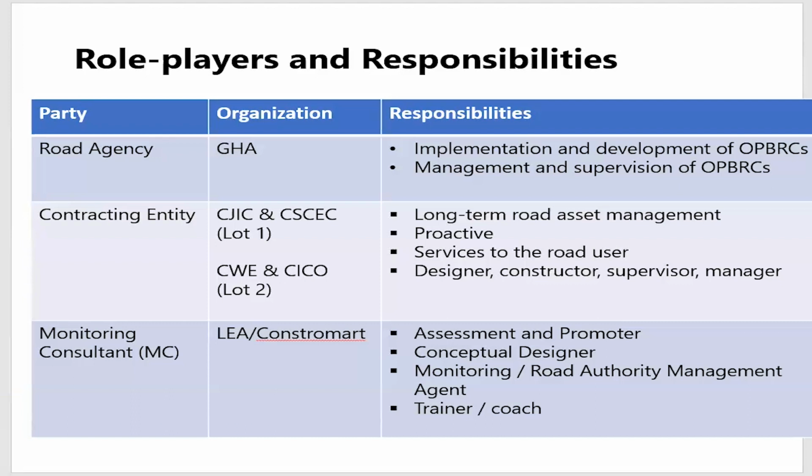He is the supervisor of the road, and also he has quality control, an independent consultant, as part of his setup. So it's not the normal contractor where we give you design, we give you instructions, and you go and do. No, now all these entities come together to form the contracting entity: designer, constructor, supervisor, and road asset management team. They come together to form what we call the contracting entity.